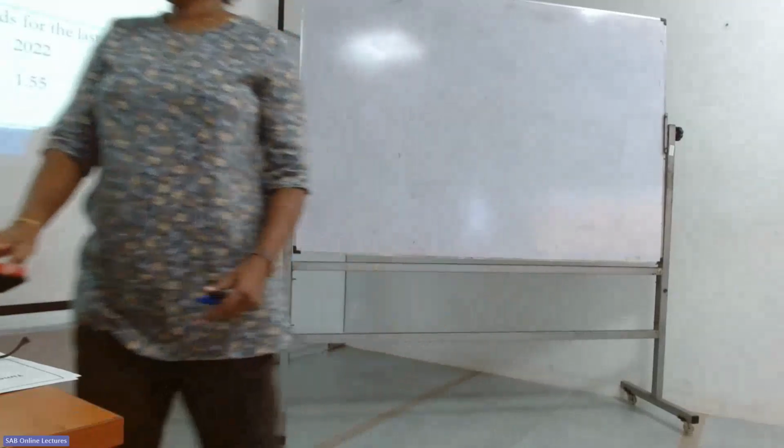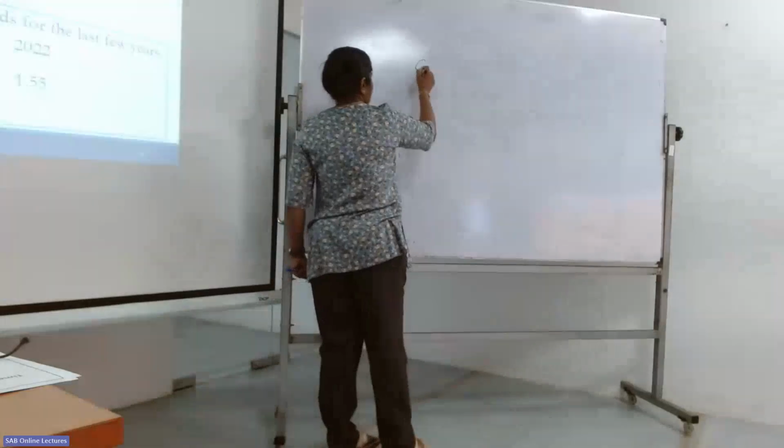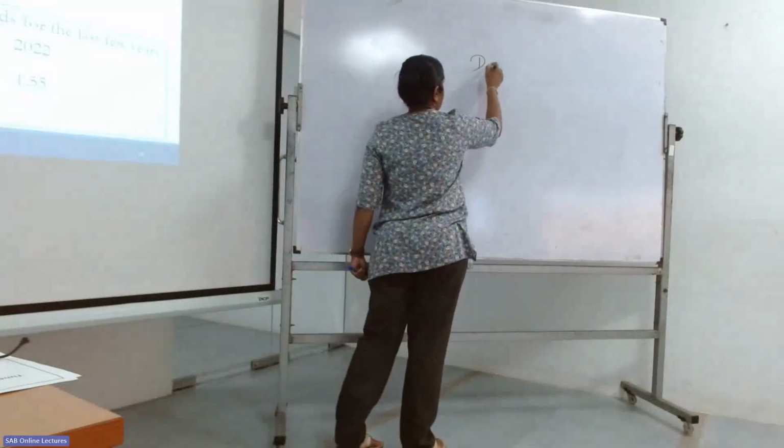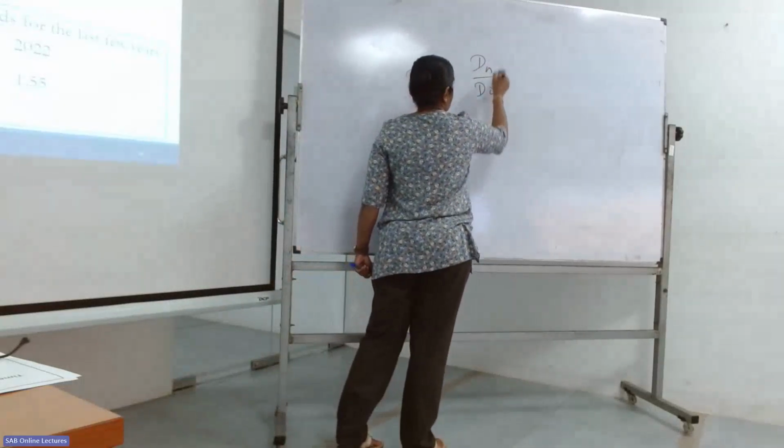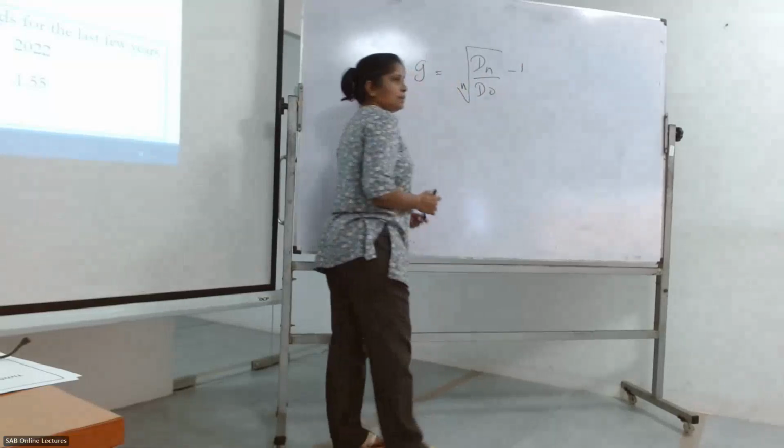Five years, right? So growth rate is equal to the nth root of Dn divided by D0, minus 1.